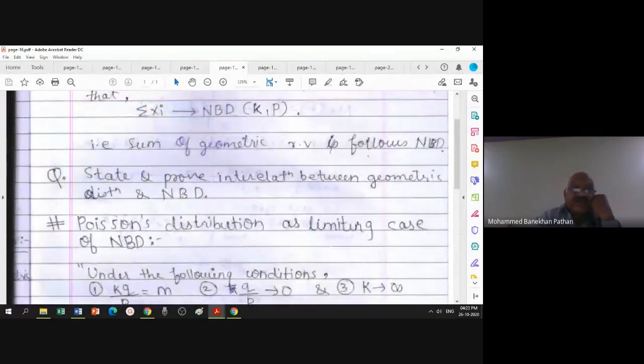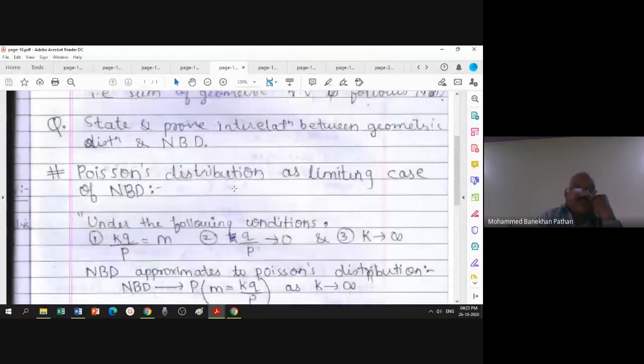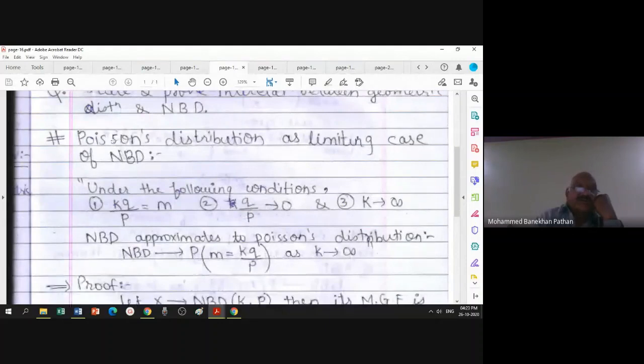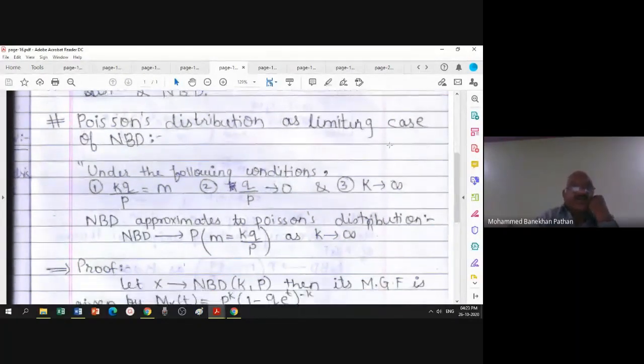We proceed ahead. One more topic, the relation between Poisson and NBD. So there is a relation between geometric and NBD, as well as a relation between Poisson and NBD. Again, now we have to write a statement first and then go for the proof.